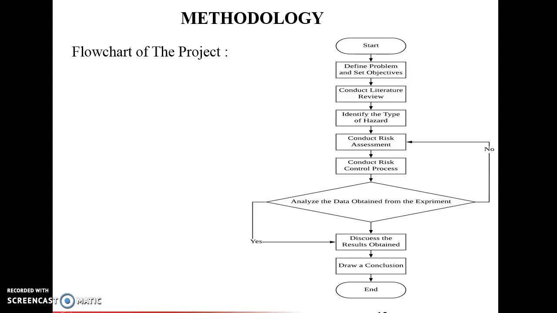After that, we will conduct the risk assessment, and then the risk control process. Then analyze the data obtained from the experiments, discuss the result obtained, and draw a conclusion. Then our project is going to be finished.